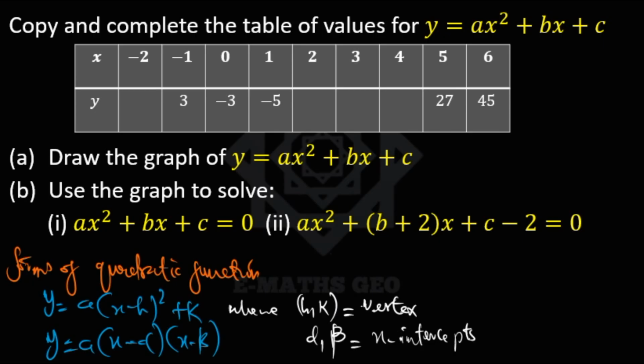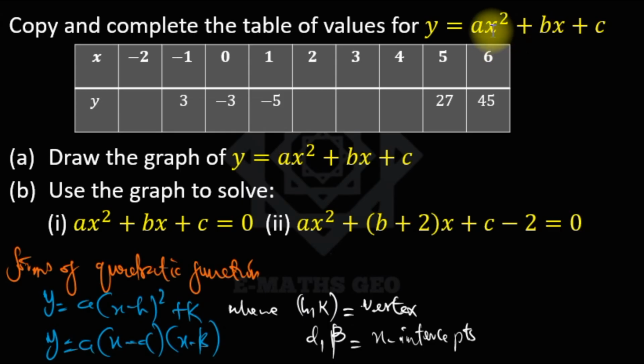But we're not going to use these, because as you can see there is no x-intercept here, that's where y is 0, and also there is no coordinate of the vertex, that's (h, k). I just told you, aside from the general form, you still have the quadratic function in terms of the vertex and in terms of the x-intercepts.